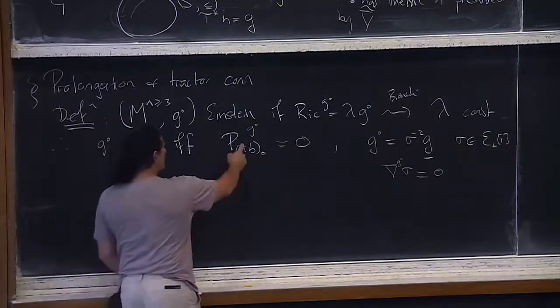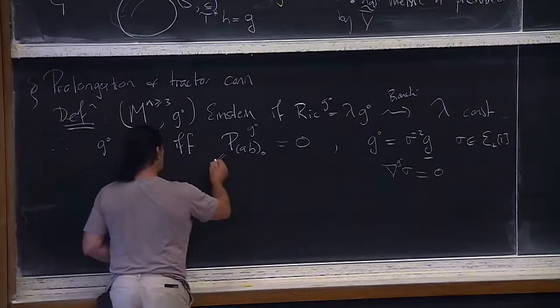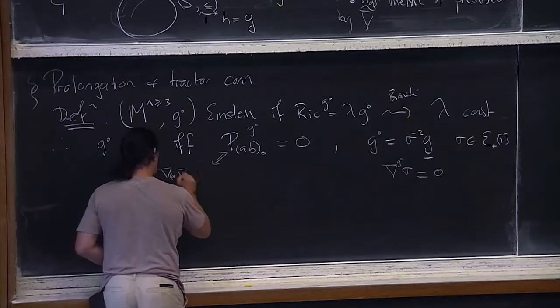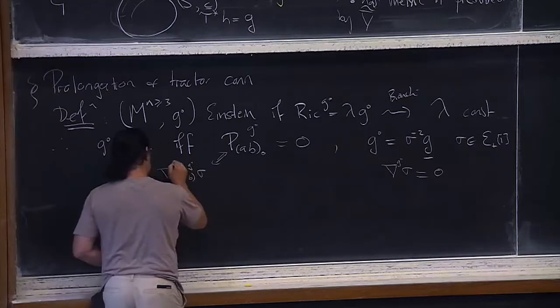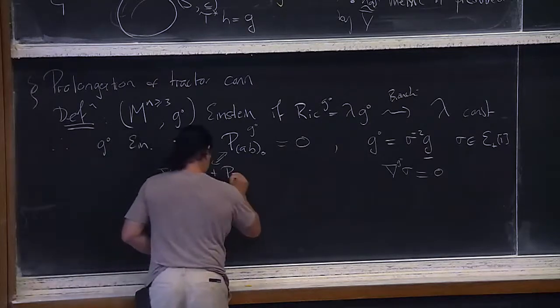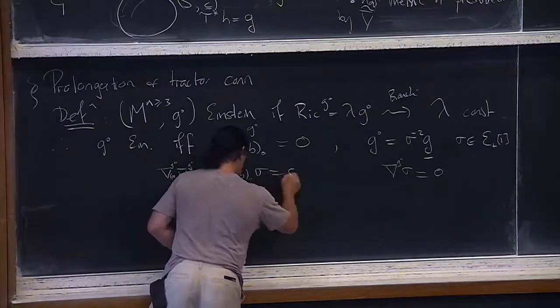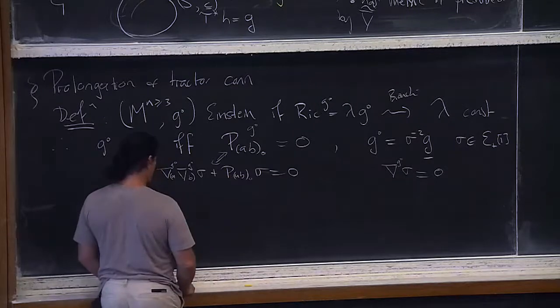Okay, so let me carefully add 0 to this. I'm going to add 0 in the sense that I'll calculate everything in this special metric. So I multiplied that by sigma, which is a non-vanishing section because it's positive.